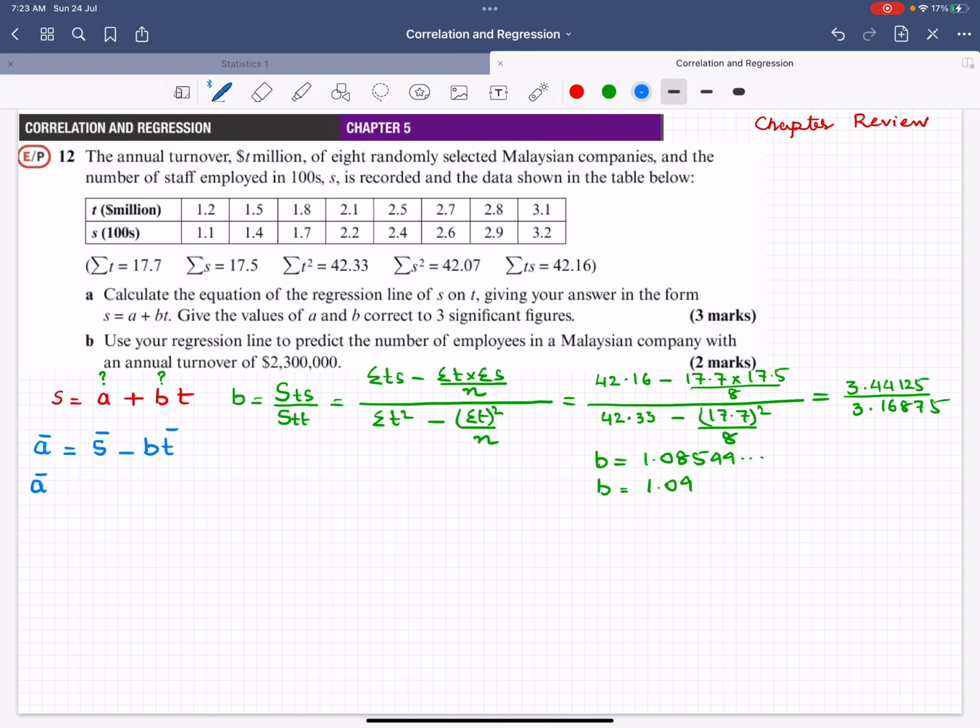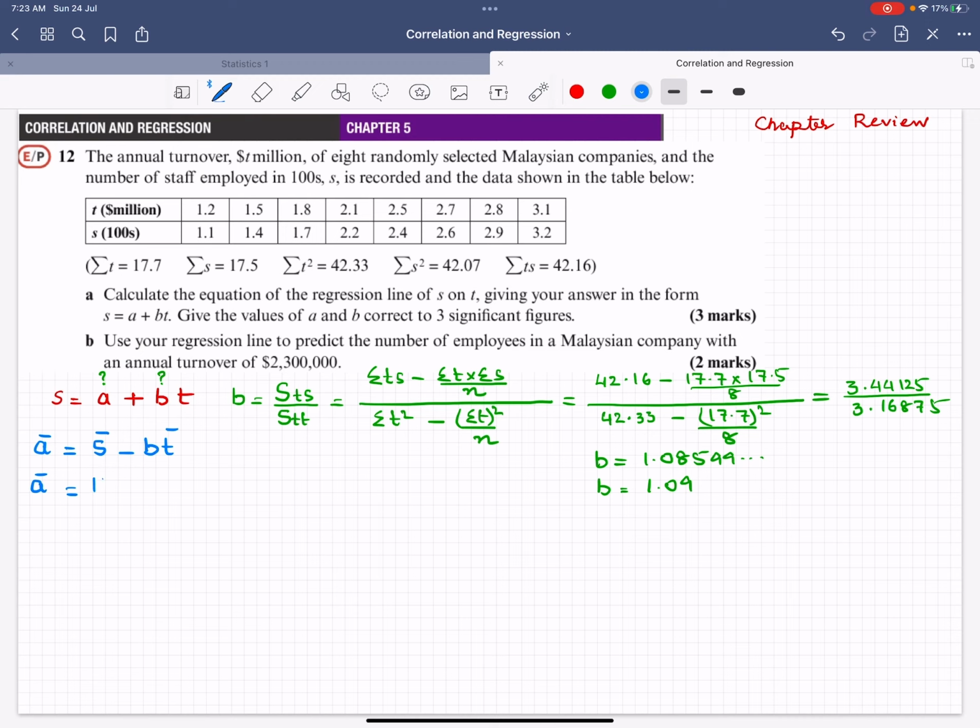So let's calculate A. We have the total value of S as 17.5, which means this is the total of all the 8 values of S. So if we need to find the average, we'll divide 17.5 by 8.